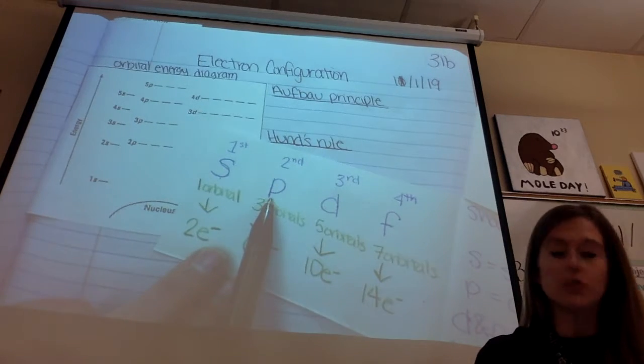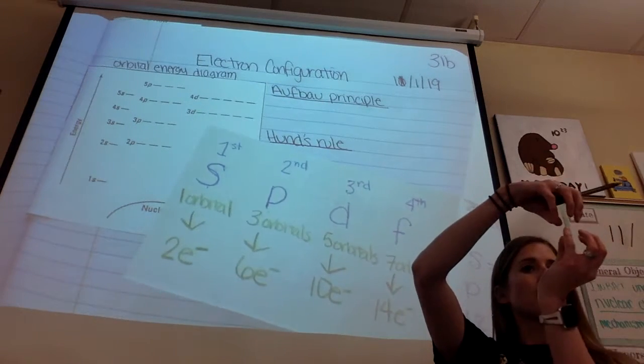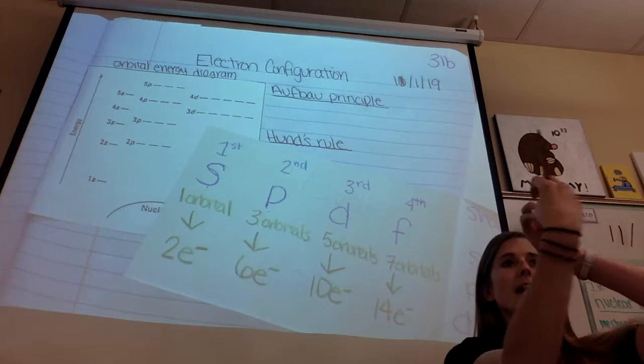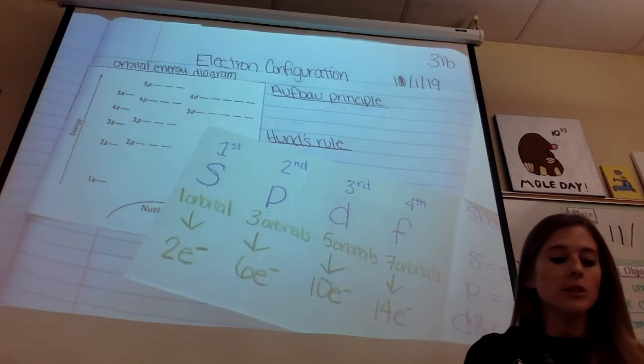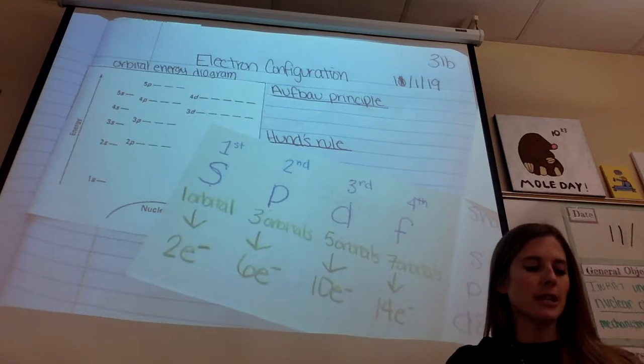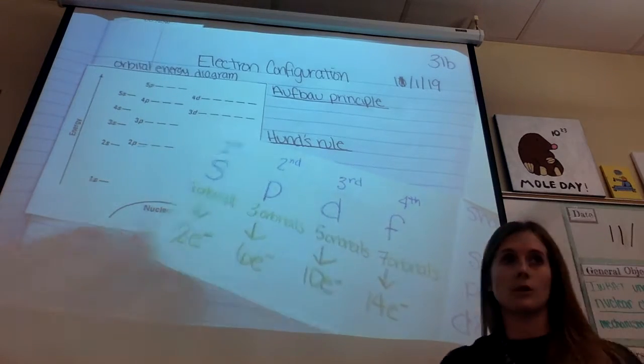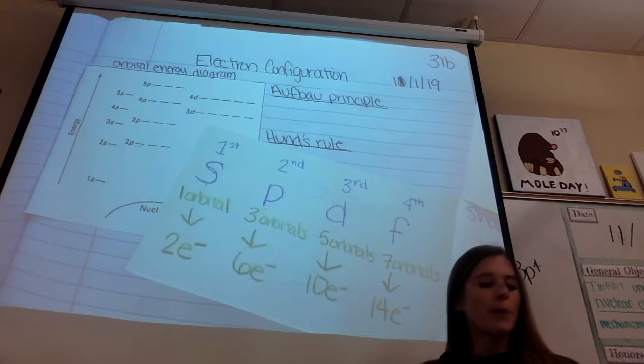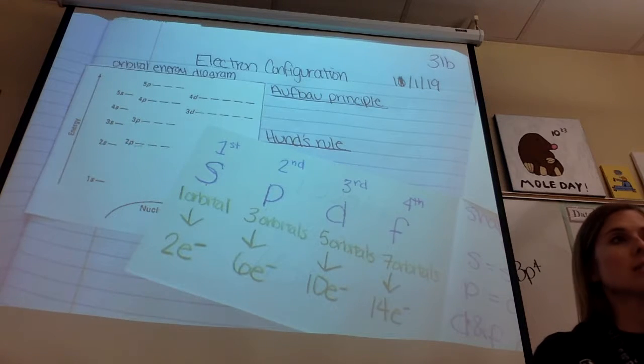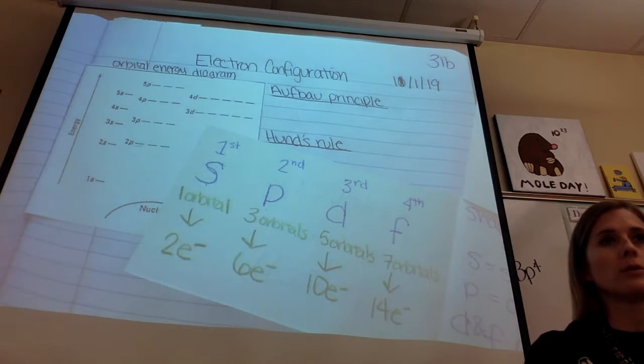The P shape, remember that was the dumbbells where it was up and down, side to side, front to back. That was 3 different shapes that they could be in, or 3 orbitals, okay?